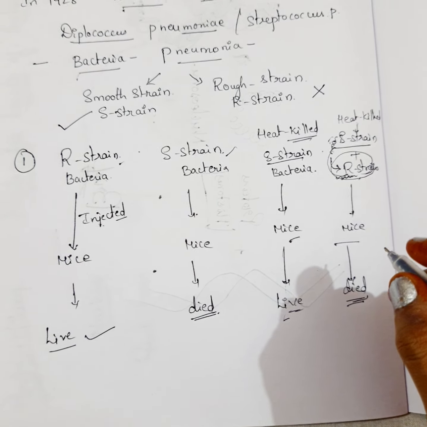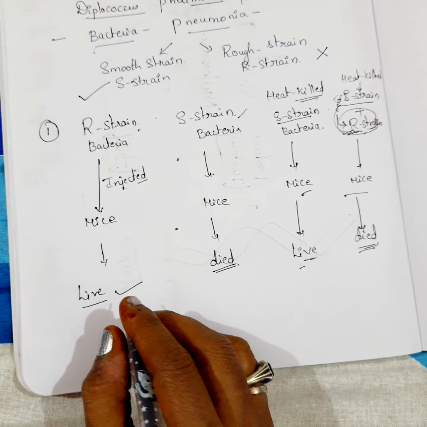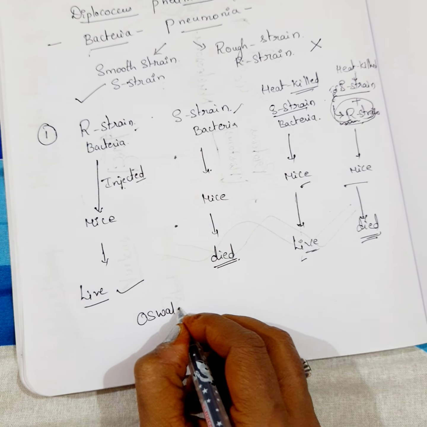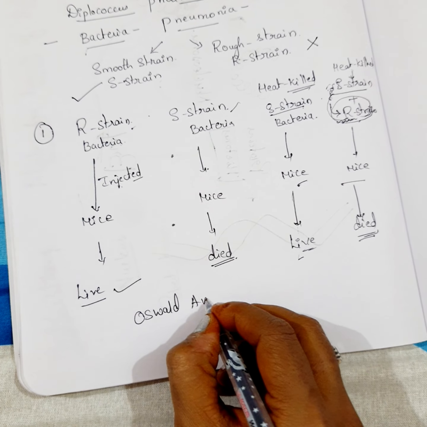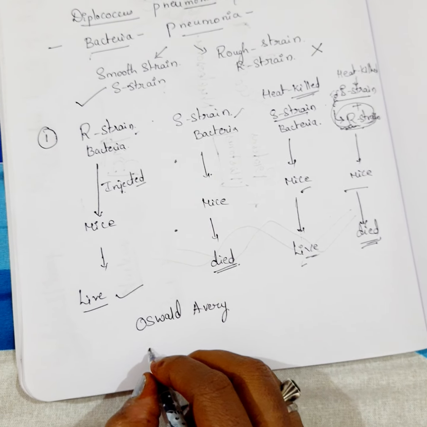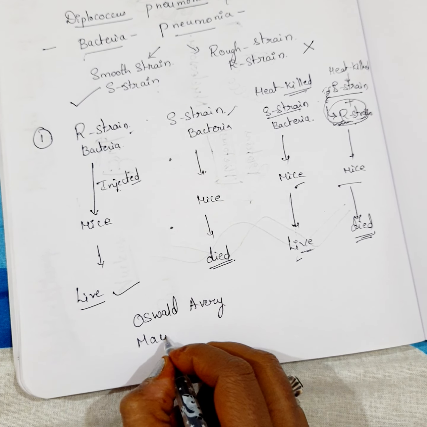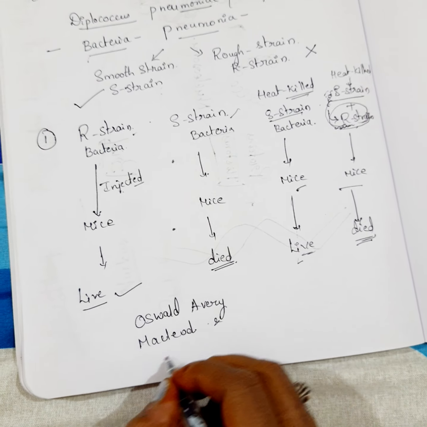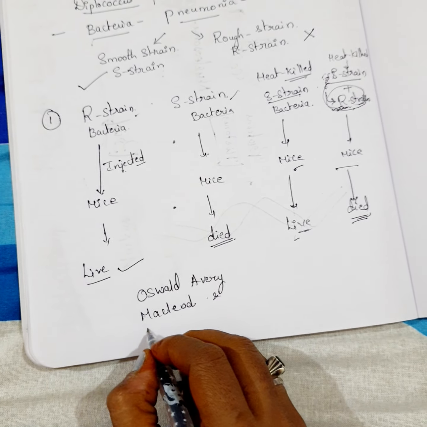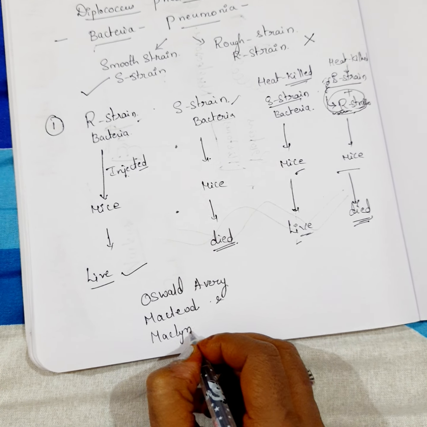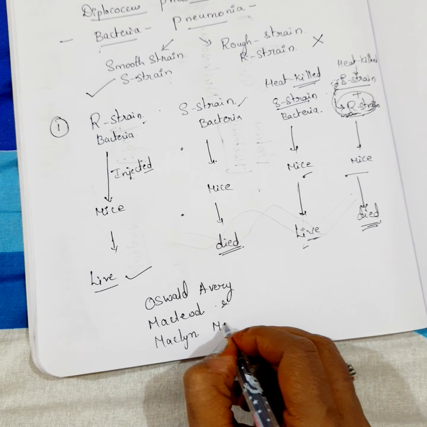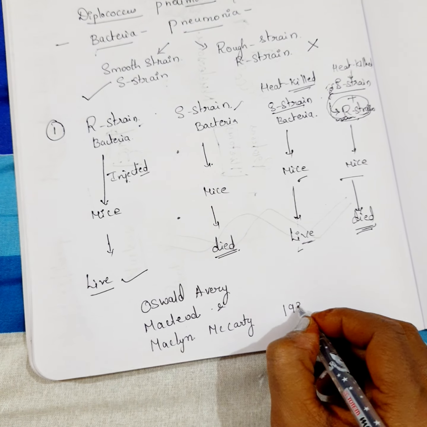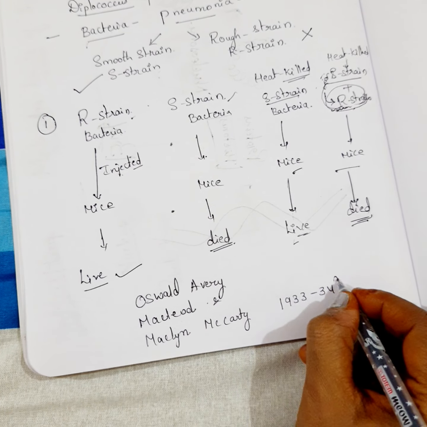So later on, three other scientists, we call them Oswald Avery, Colin MacLeod, and Maclyn McCarthy, in 1933 to 34.